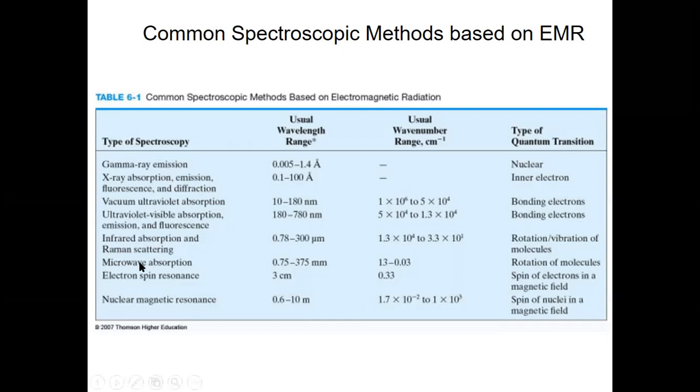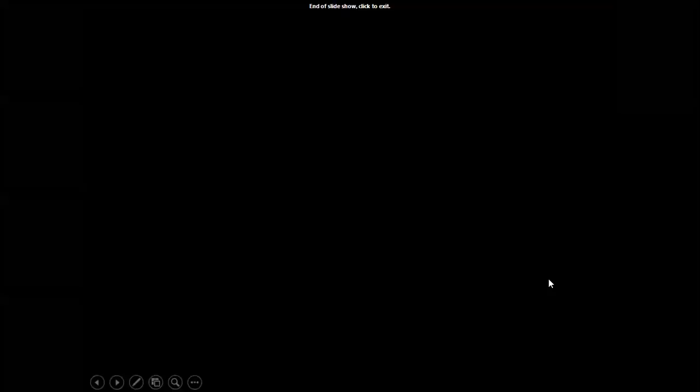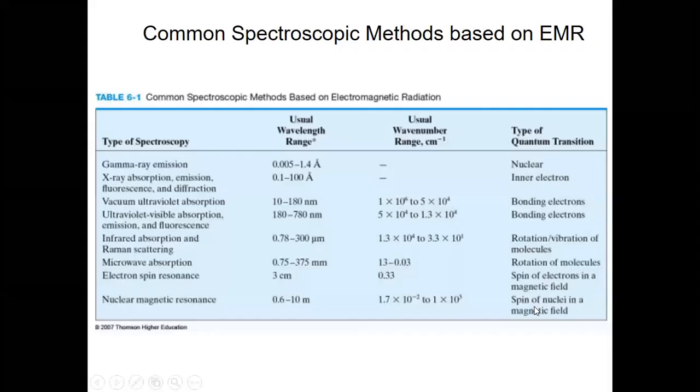And the microwave: IR absorption spectrophotometry is within the IR region, and microwave absorption is in the microwave region, associated with the rotation of molecules. Similarly, electron spin resonance and nuclear magnetic resonance are associated with the spin of electrons and spin of nuclei.